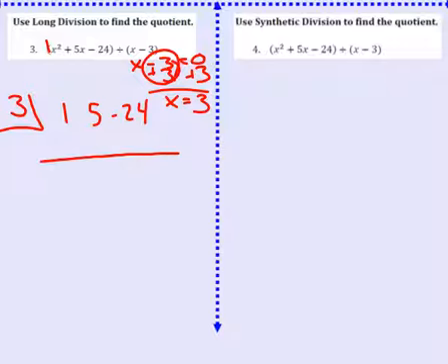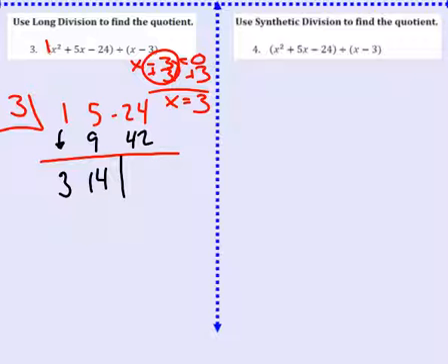How this works is you would drop this 1. 3 times 1 is 3. 3 and 5 make an 8. Times 3 is 24.